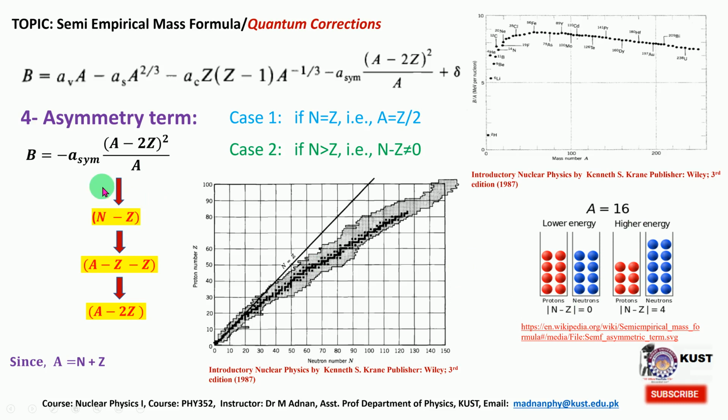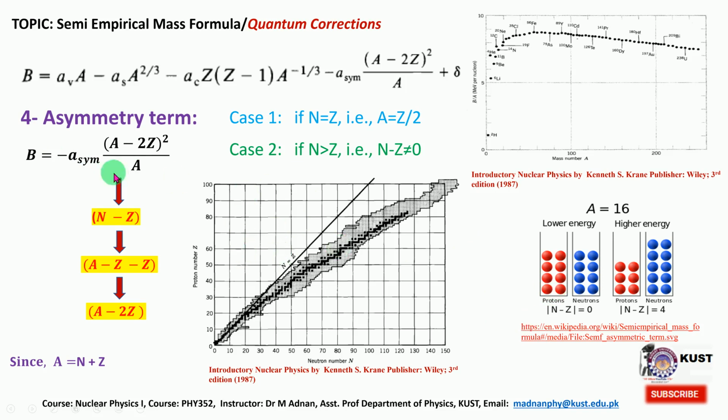Now, the actual form of this asymmetric term can be derived once we are in a position to have those nuclear shell models that we will do in the later part of this course. In the shell model, this asymmetry energy can be derived by modeling the nucleus as a Fermi wall of protons and neutrons.